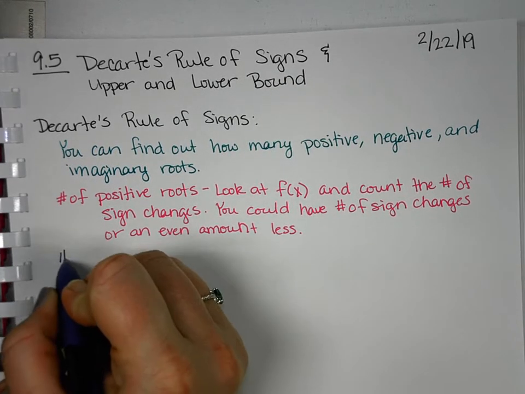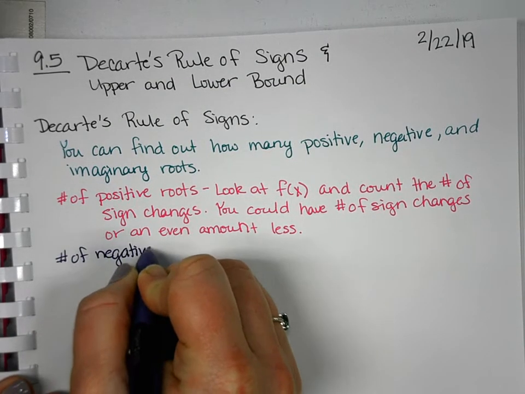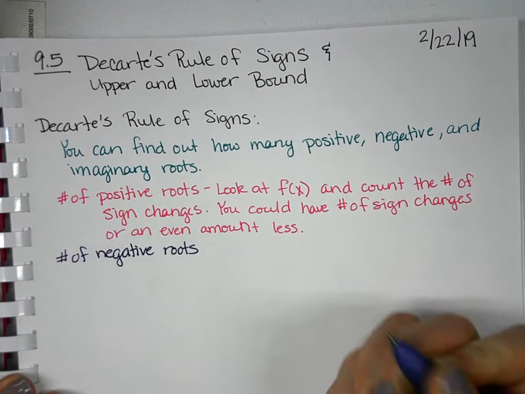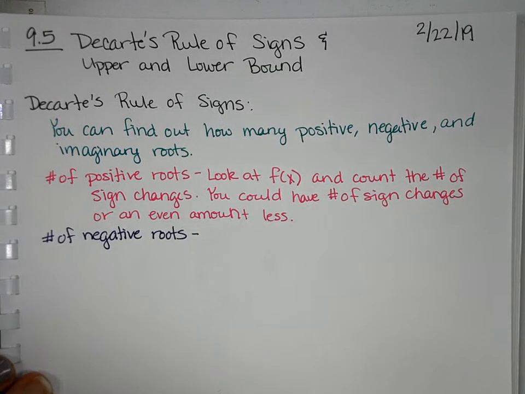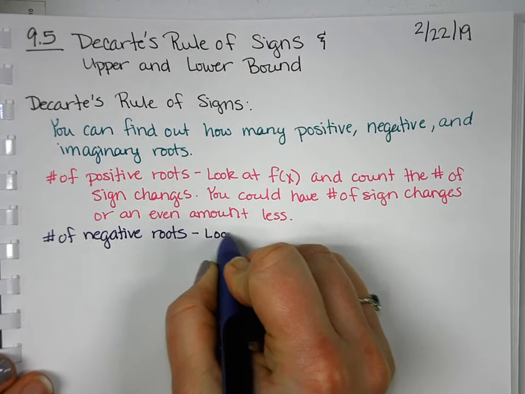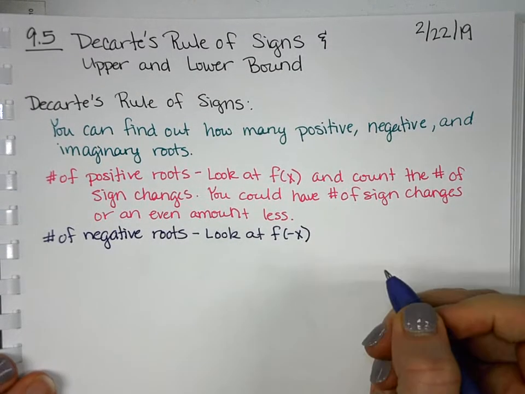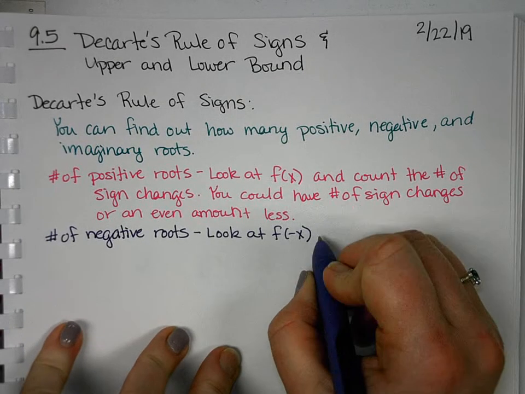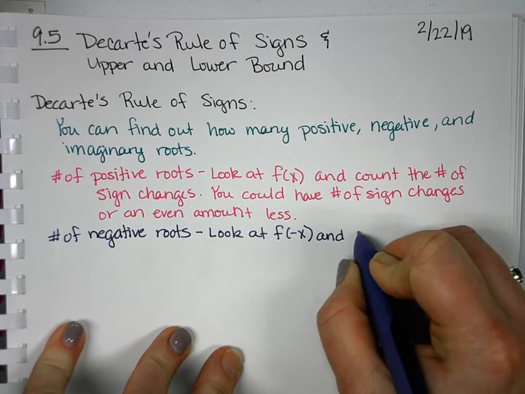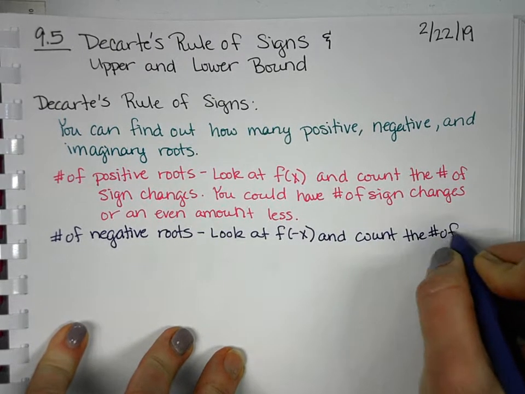Okay, the number of negative roots. For this, we look at f of negative x. So kind of like how we did odd and even, where we plugged in negative x, we're going to do that here. Plug in negative x and count the number of sign changes.